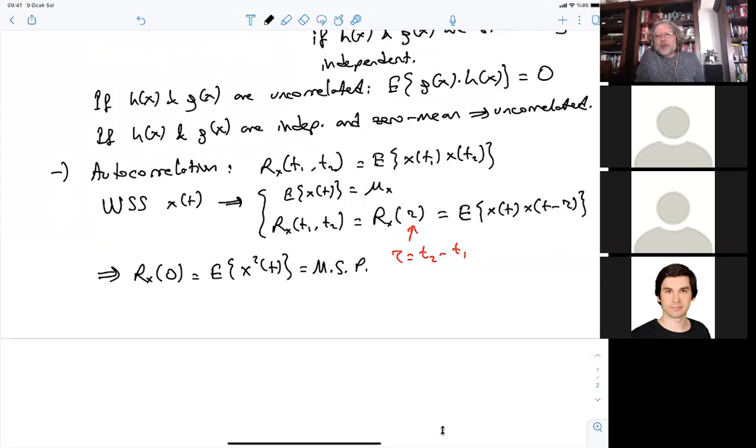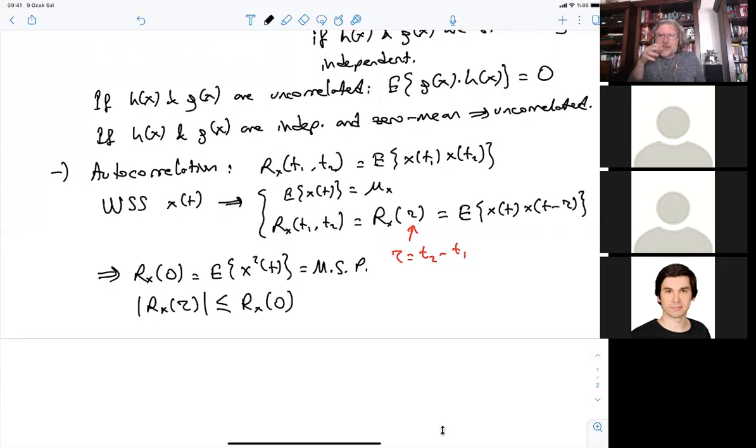So you measure the power by looking at the value of autocorrelation at its 0 value, which typically corresponds to the peak, of course, because we cannot have any Rx of tau that can be greater than Rx of 0. Rx of 0 is the peak value. It can later become the same as Rx of 0. For example, for tau equal to 5, it may be equal to Rx of 0. There's an equality: it's less than or equal to.